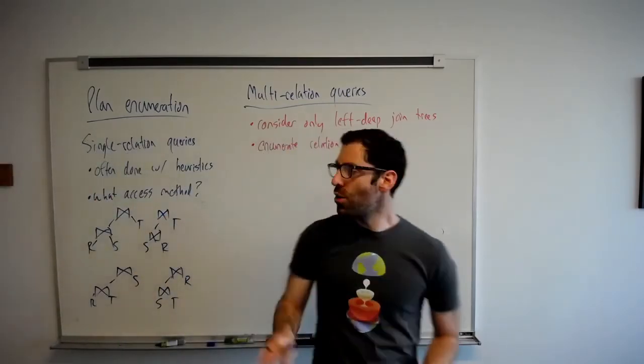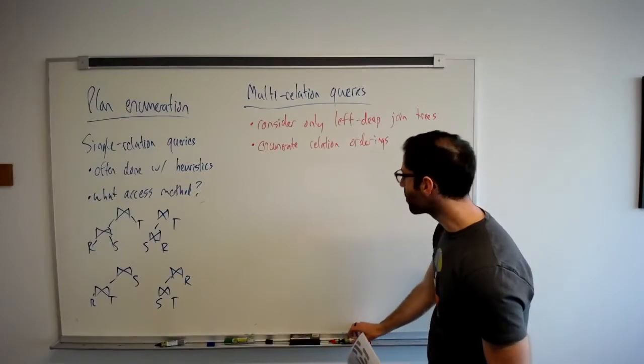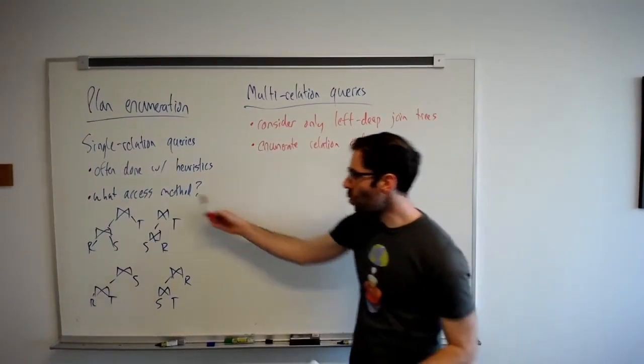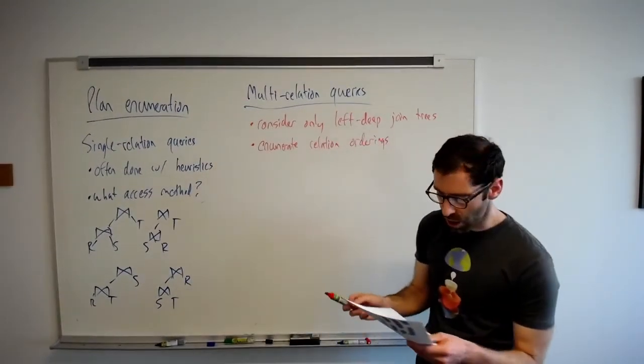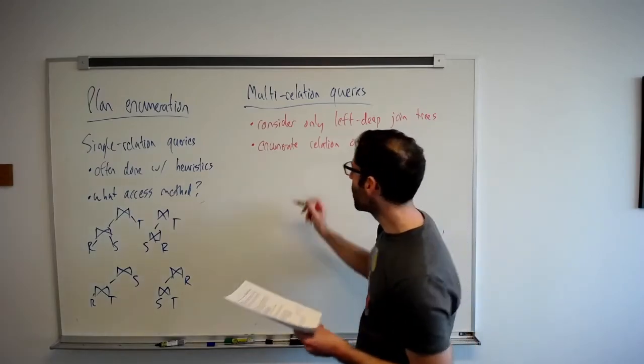So we're enumerating all these different relation orderings in terms of where they occur in our joins.